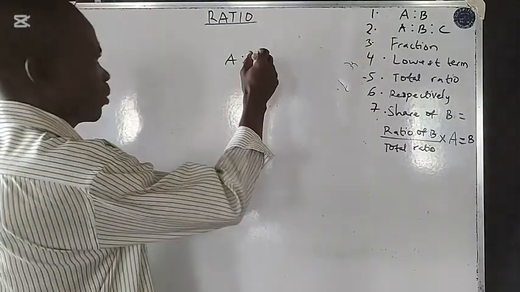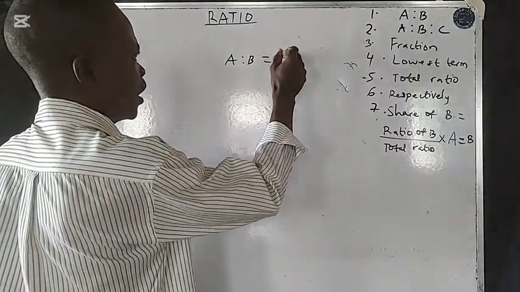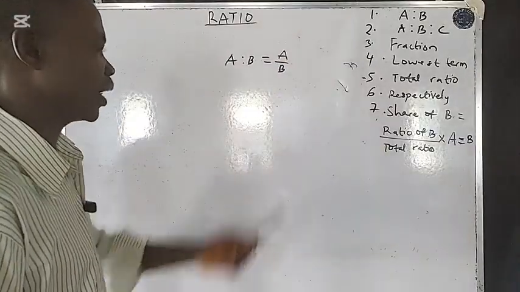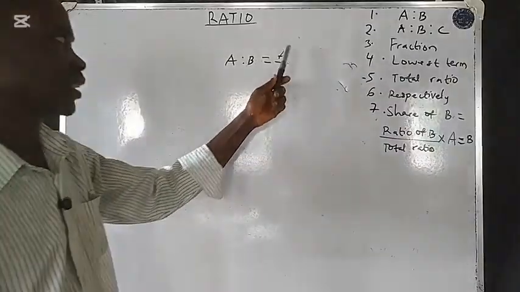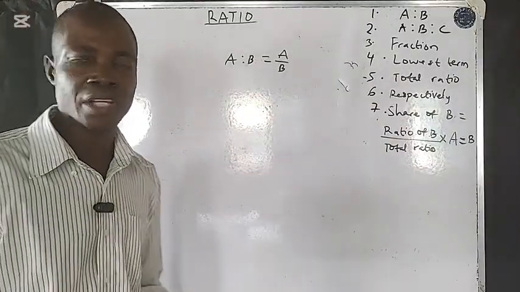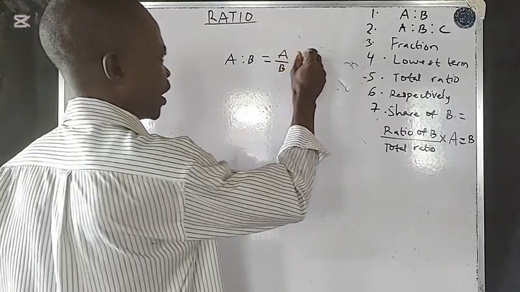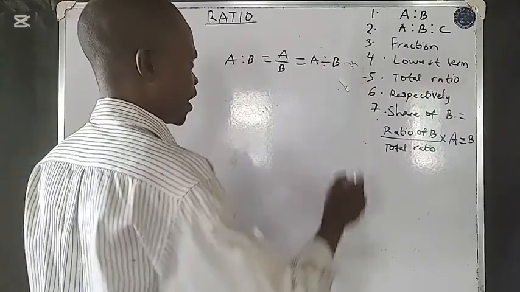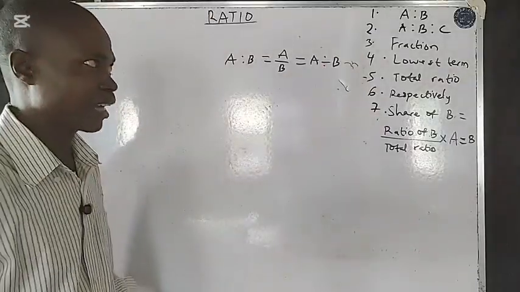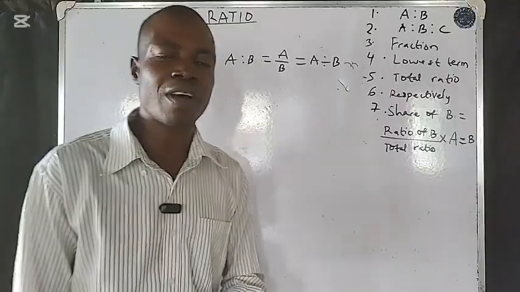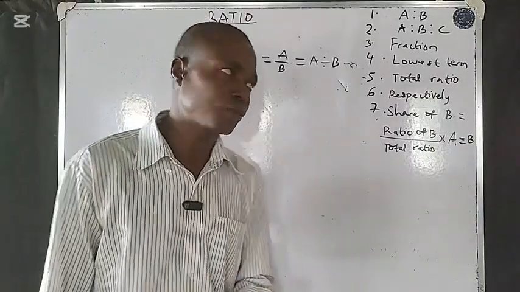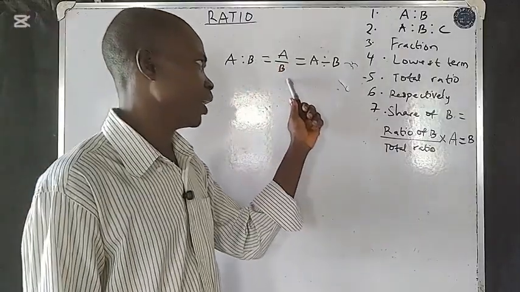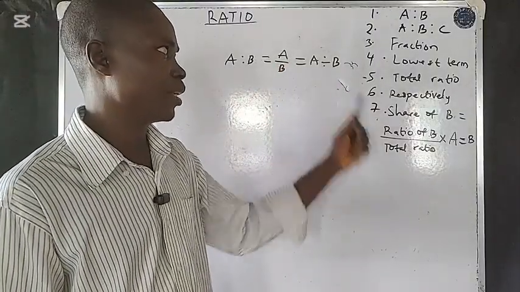That is, it can be written as A over B. So A ratio B is the same as A over B, and is also the same as A divided by B. So these are things we should bear at the back of our mind when we are dealing with ratio. A ratio B is the same as A over B, is the same as A divided by B.